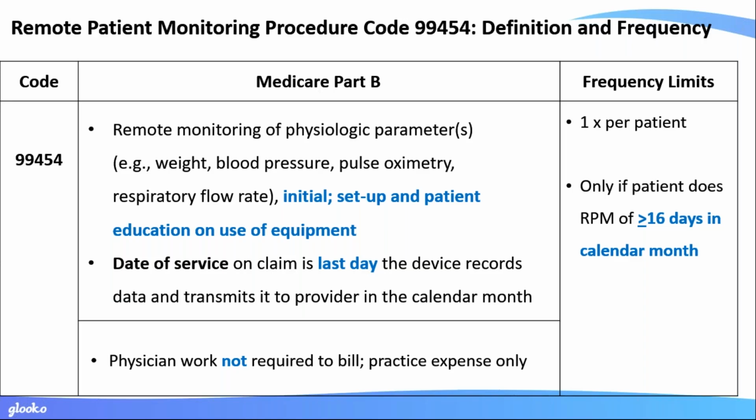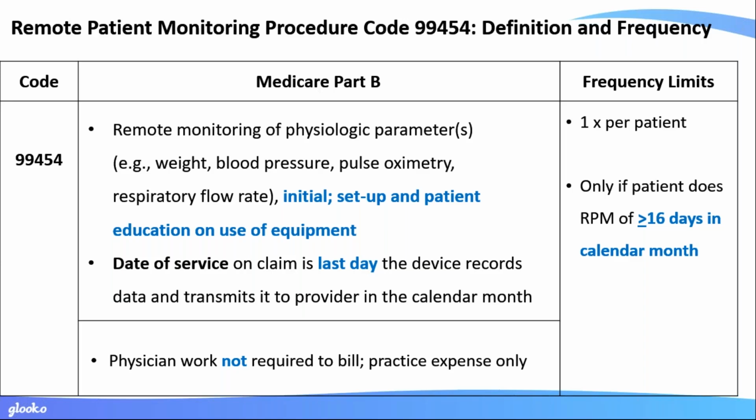But again, you can see on the right that the patient has to do the remote monitoring for greater than 16 days in the month in order to bill for this. Now, the frequency, we can only bill for this code one time. We can only do that initial training and education one time.